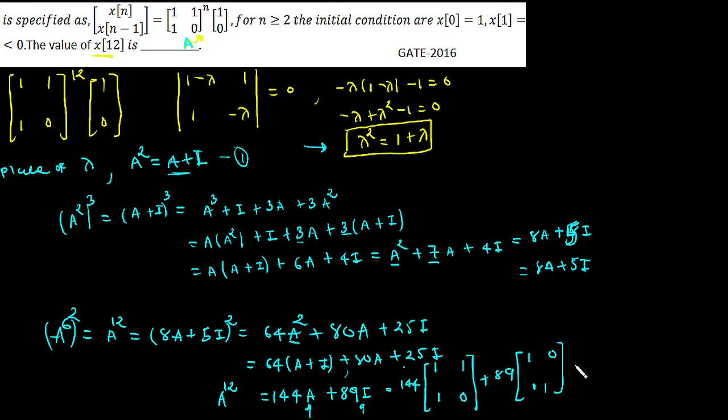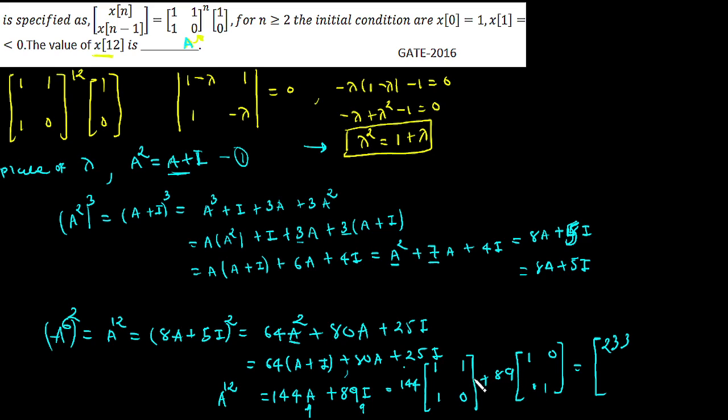Now let's find out the resultant matrix. So here 144 plus 89, so we are getting the first element as 233.